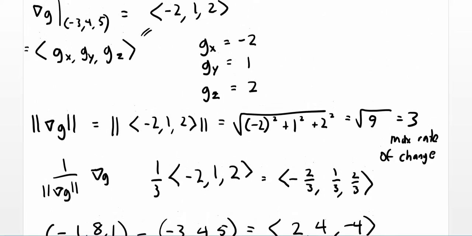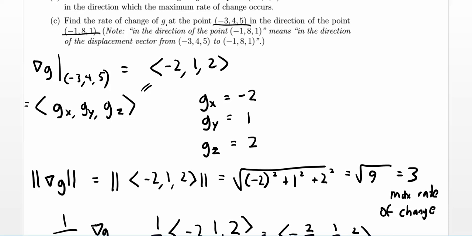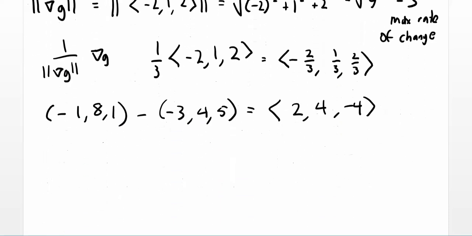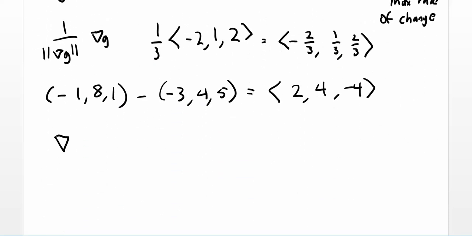Now what they're asking us for is the rate of change of g in this direction. Well, that's the directional derivative. Remember how to calculate that. That's just the gradient, and you take the dot product of the gradient with a unit vector in the direction that you're trying to go.